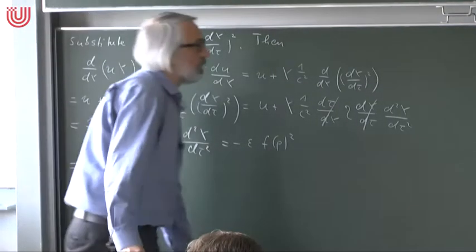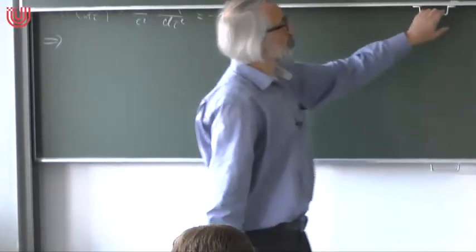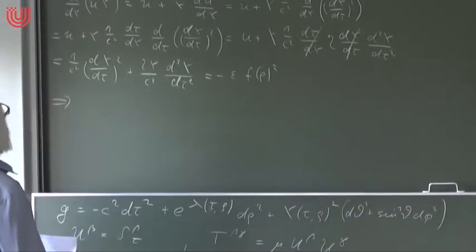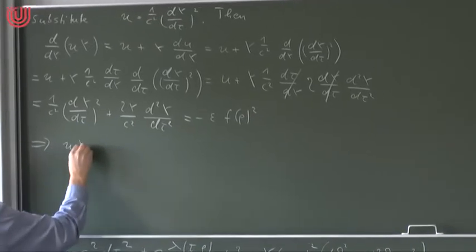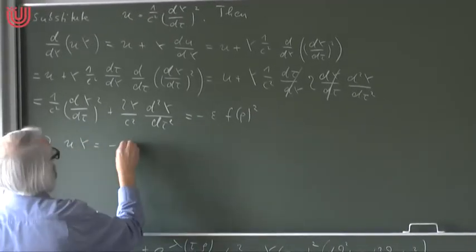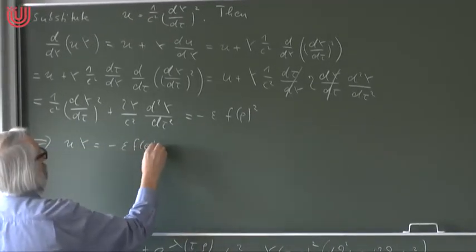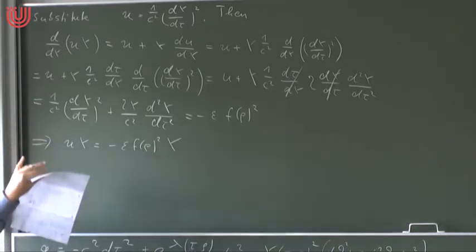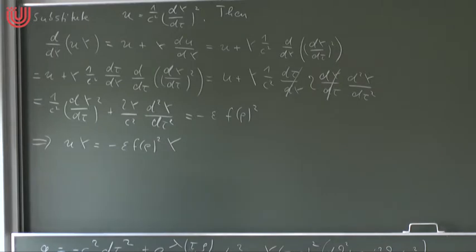And it gives me what? Gives me u times y is minus epsilon f of rho squared times y, and then I have an integration constant, which of course is a function of rho. How do I call this? Let me see. I have to be careful.